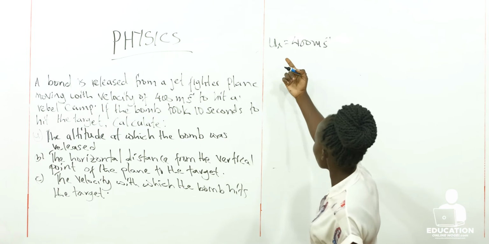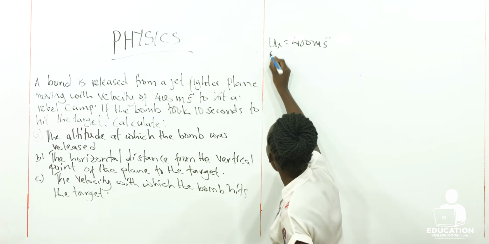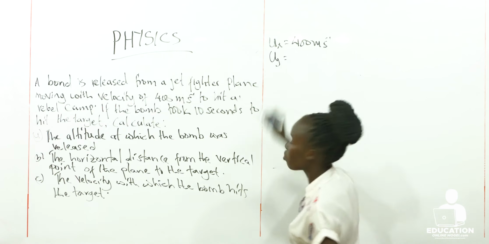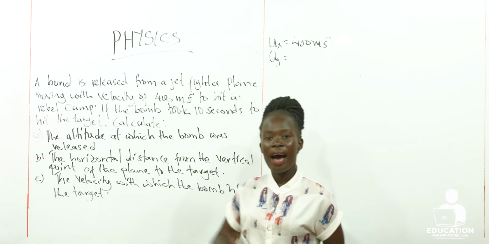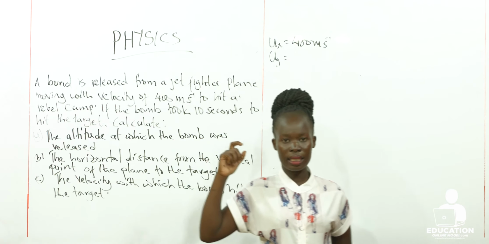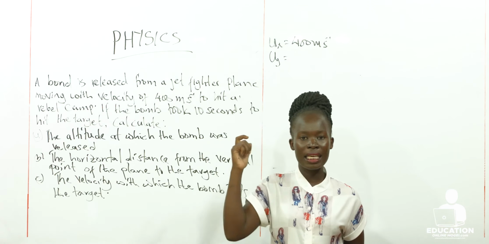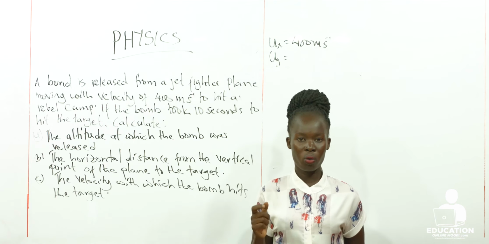So what if this one is this, meaning that our uy is equals to what? We know that at maximum height the velocity there becomes 0.